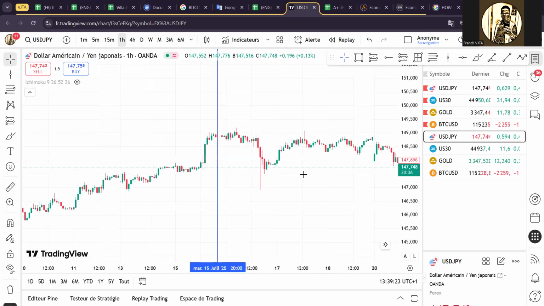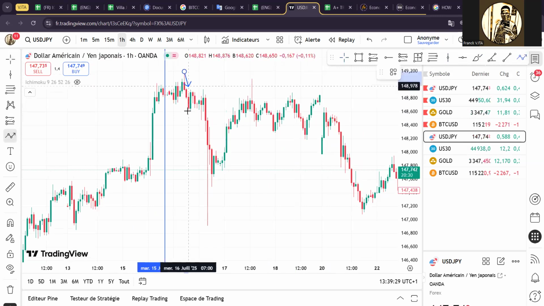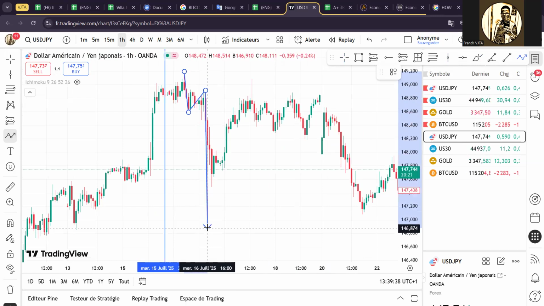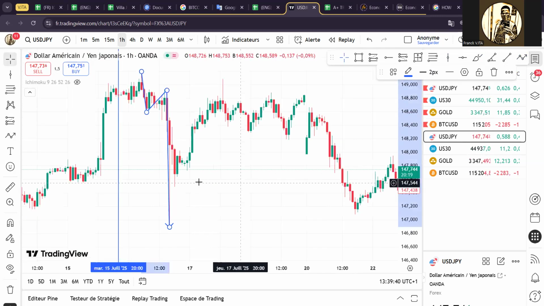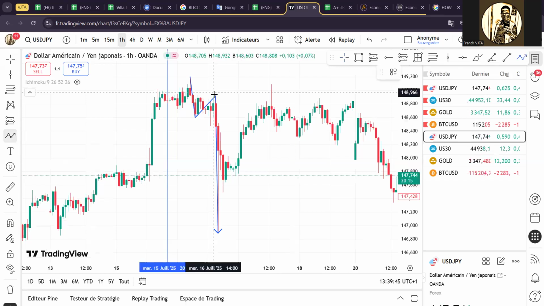So we start here. This is a low. This is a high. This is the lowest point below. Okay. So we sold here. The only moment this price.